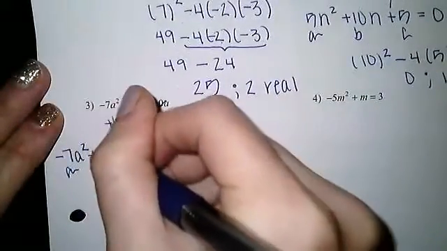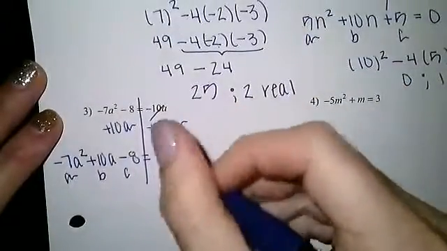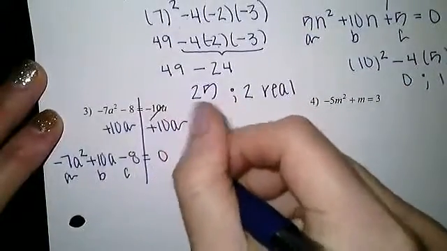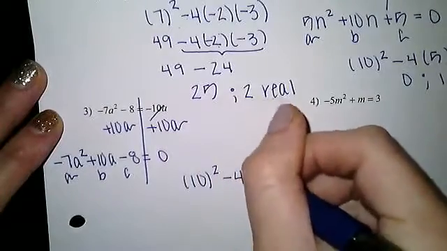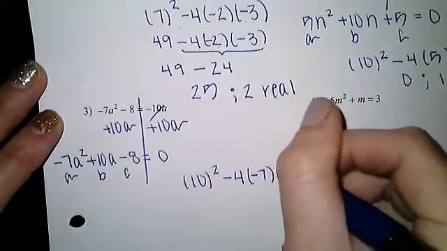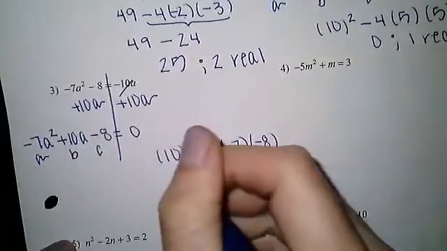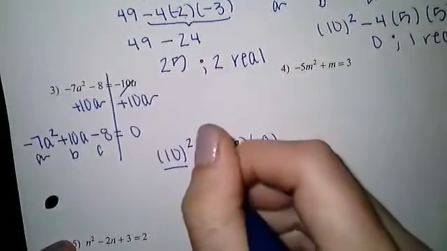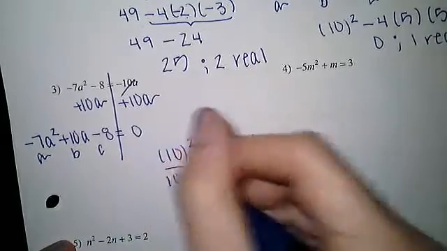We plug in just our numbers for a, b, and c into our b squared minus 4ac. So we'll do 10 squared minus 4 times negative 7 times negative 8. You can do this using PEMDAS by doing exponents first and then multiplying all three of these together. That's 100.